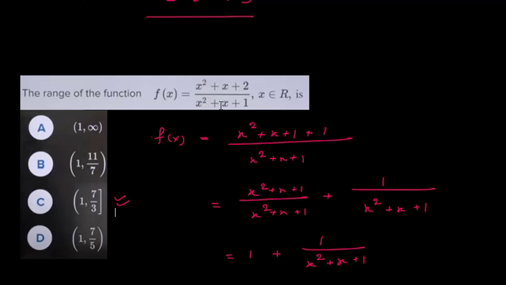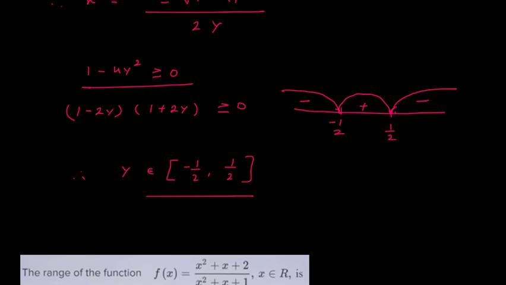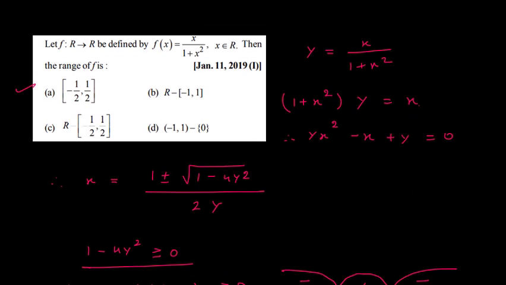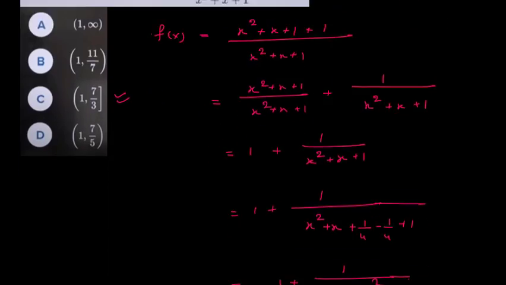If you observe this expression carefully, you can simplify it, so directly you can find the range. No need to cross multiply and all those things. This cross multiplication method is actually the standard method by which we can find range. Okay, so fine, we will see a few more questions related to functions in the next class.